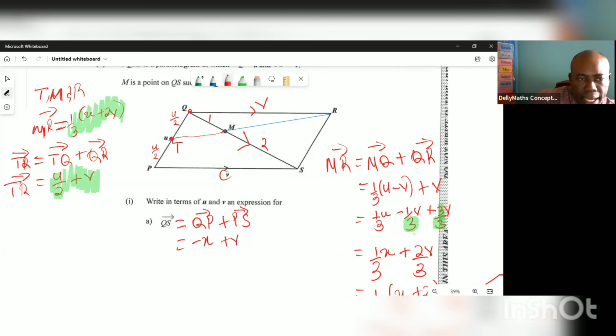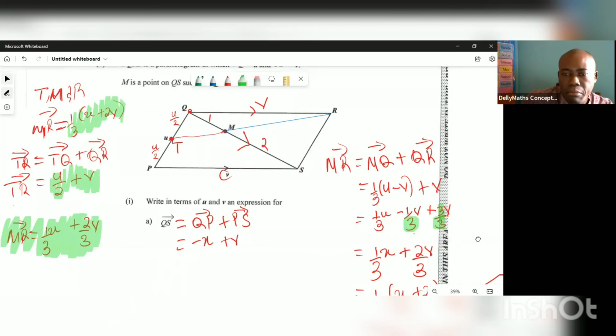If I multiply TR by 2/3, I believe I will get MR. So let me distribute out MR for you so you could see something new. If I distribute the 1/3, I'll get 1/3 U plus 2/3 V. And this is actually MR, right? This is MR.